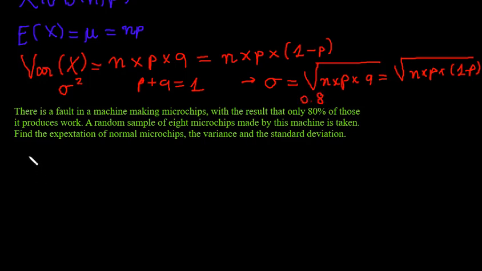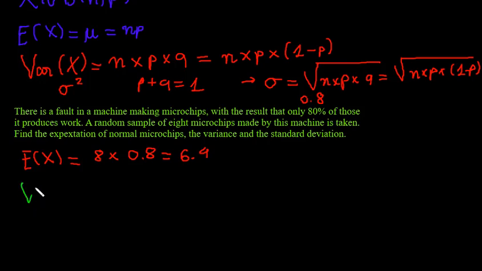Work on expectation of X. Expectation is equal to 8 multiplied by 0.8, which is equal to 6.4. The next one, we will work on the variance.